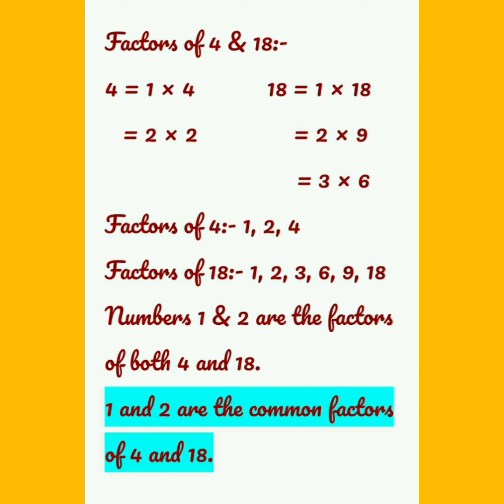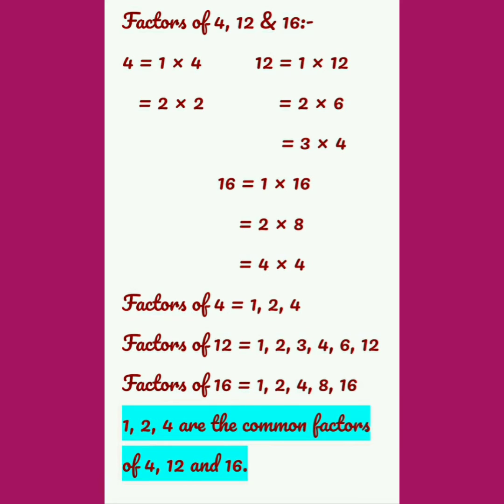We will see one more example. Here I have taken 3 numbers, 4, 12 and 16. Factors of 4: 1, 2 and 4. Factors of 12: 1, 2, 3, 4, 6 and 12. And factors of 16: 1, 2, 4, 8 and 16.